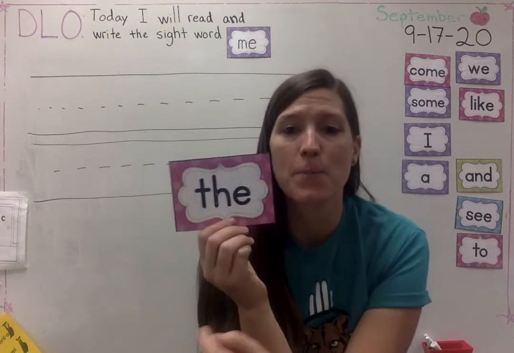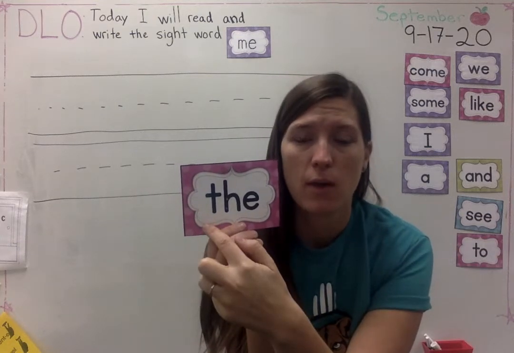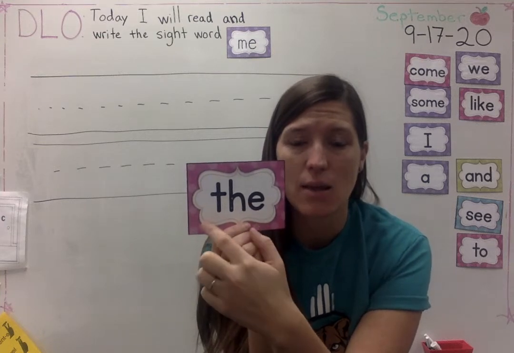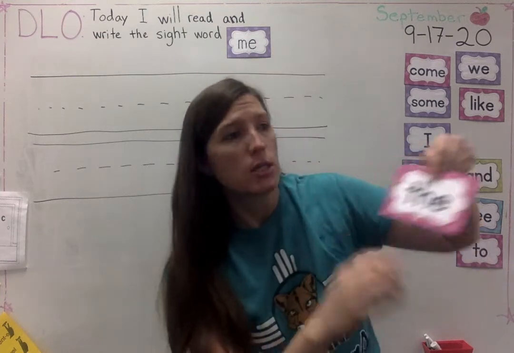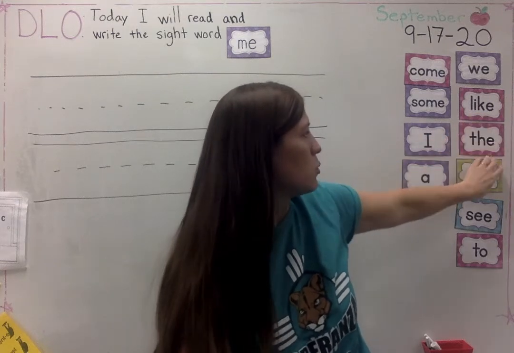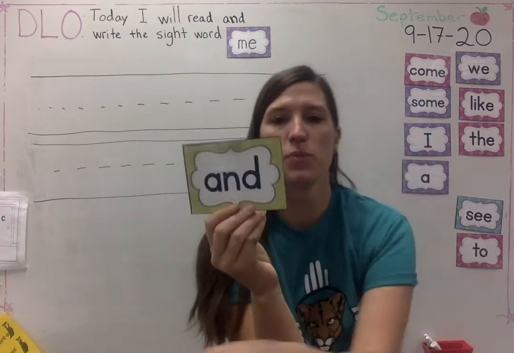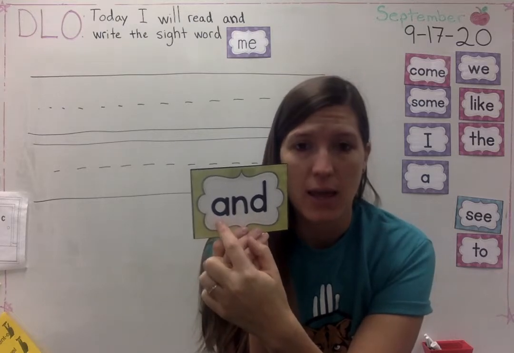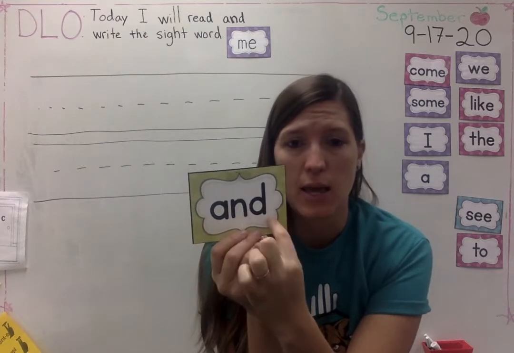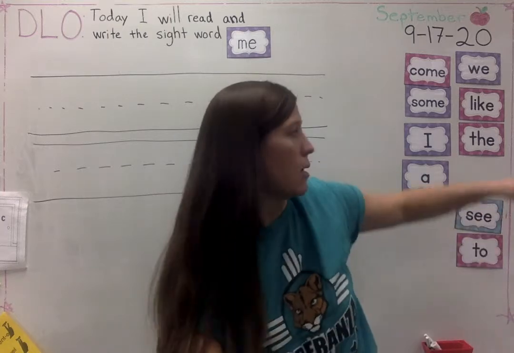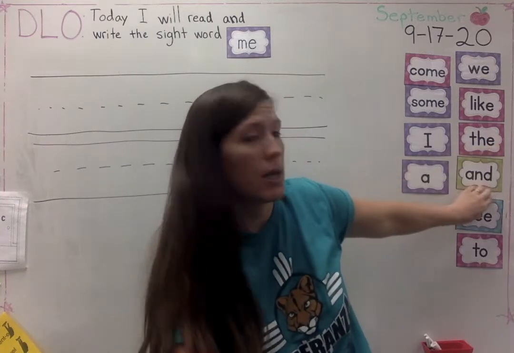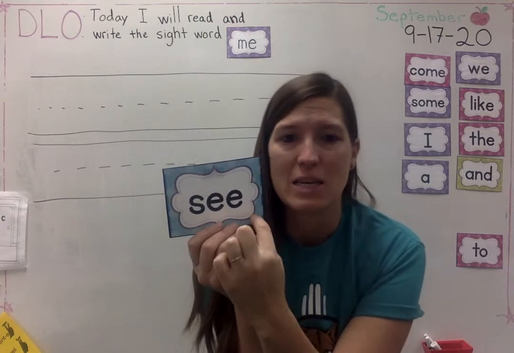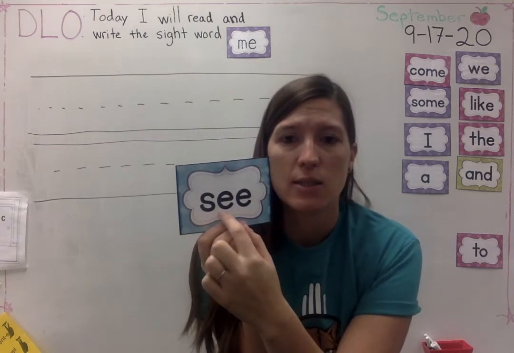L-I-K-E spells like. What's the word? The. Let's spell it. T-H-E. The. T-H-E. That's how to spell the, you see. What's the word? And. Let's spell it. A-N-D. And. I can spell and.